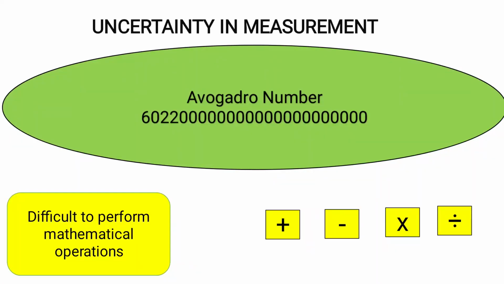So, in order to overcome this problem, chemists started to write these large numbers in the form of scientific notation, which is also known as exponential notation. So, let us study what this scientific notation or exponential notation is.